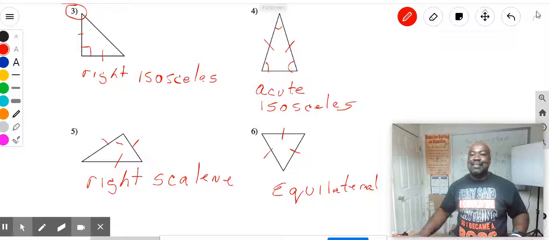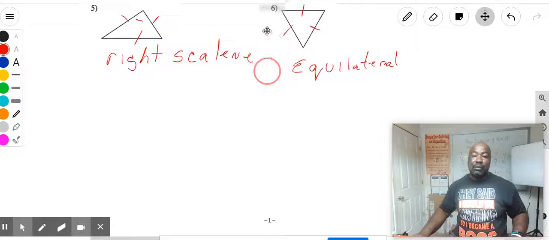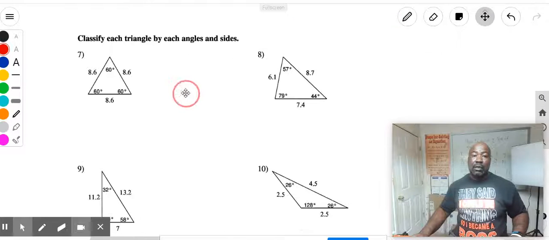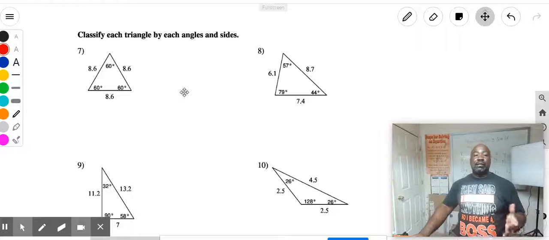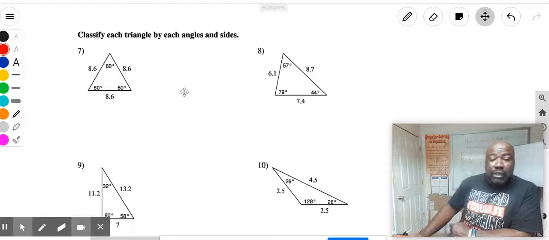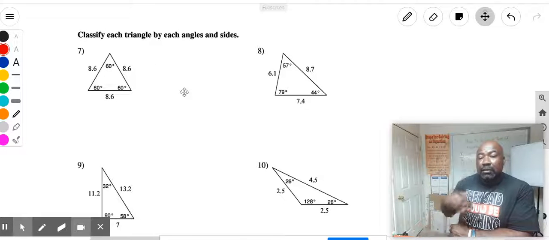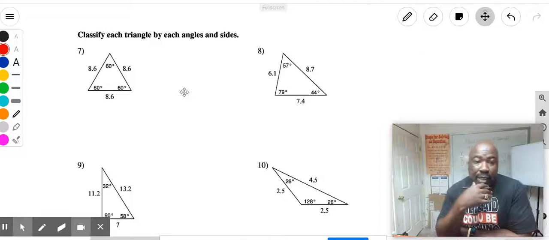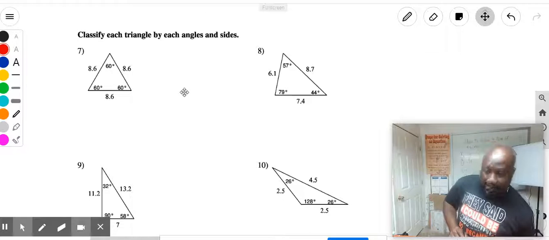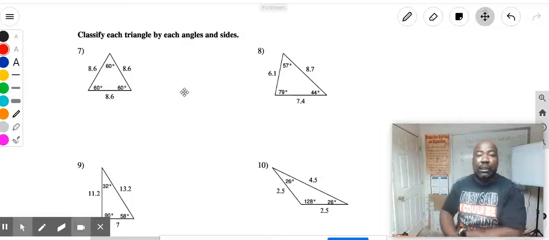All right, so now let's get to the rest of this. Now here is where you have numbers. Number 7, I'm just going to walk you through this, and hopefully you guys can download the sheet and work on this.